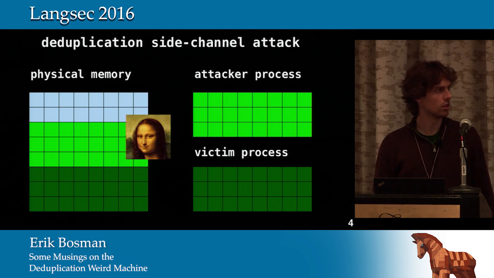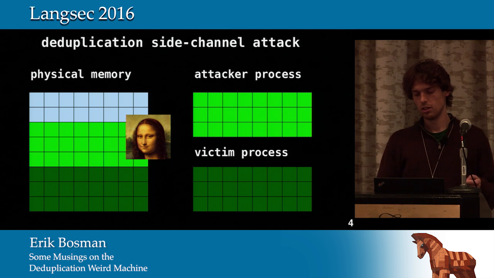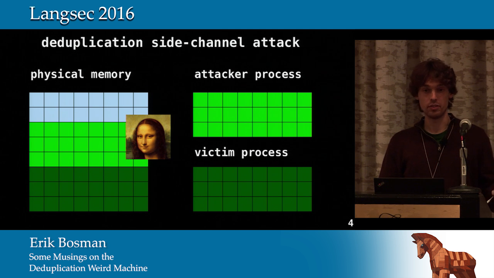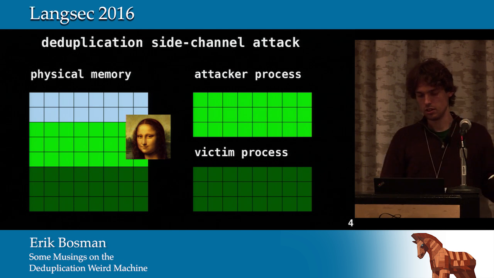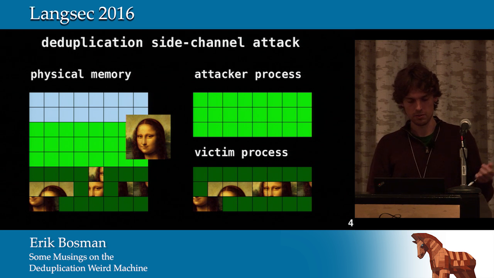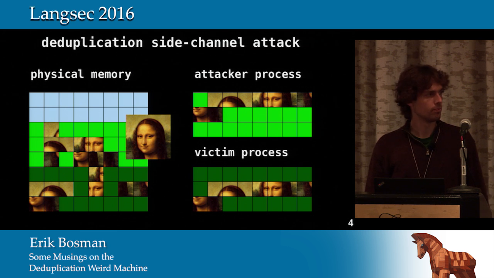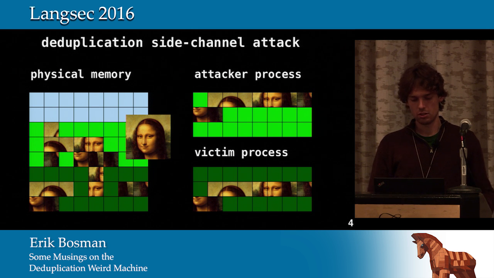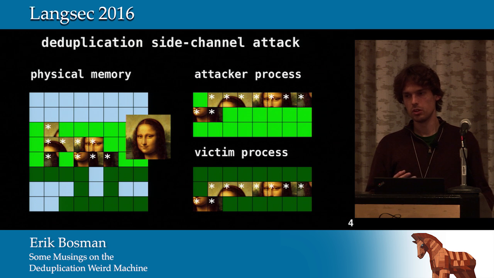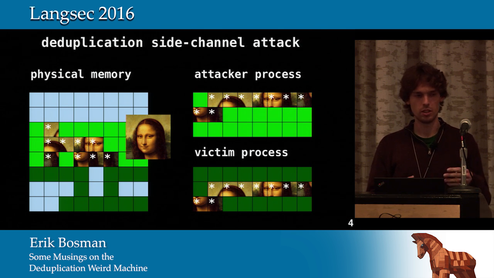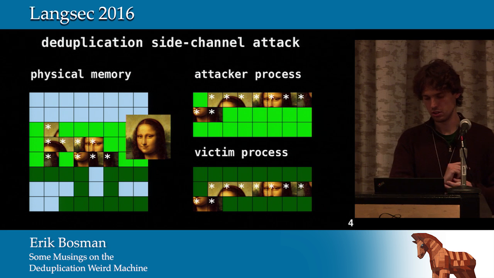So, how does this work? In short, if an attacker wants to verify that a victim process or a virtual machine or anything has a certain specific picture of the Mona Lisa in its memory, then an attacker can replicate the memory pages, and then the memory deduplication mechanism in the OS or the hypervisor will identify that these pages are the same, and then will point the page tables to the same physical location.